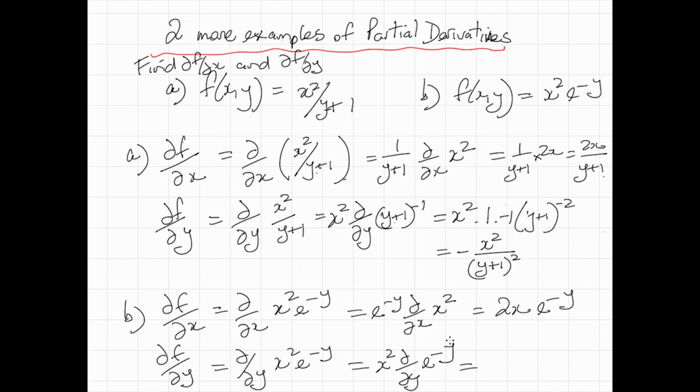Once again, it's a chain rule. We're going to find the derivative of minus y, so we'll put the x squared down first though, and then the derivative of minus y is negative 1 with respect to y, and the derivative of e to the minus y then is e to the minus y. And we can then just bring the minus 1 out the front, and minus 1 times x squared is minus x squared e to the minus y.